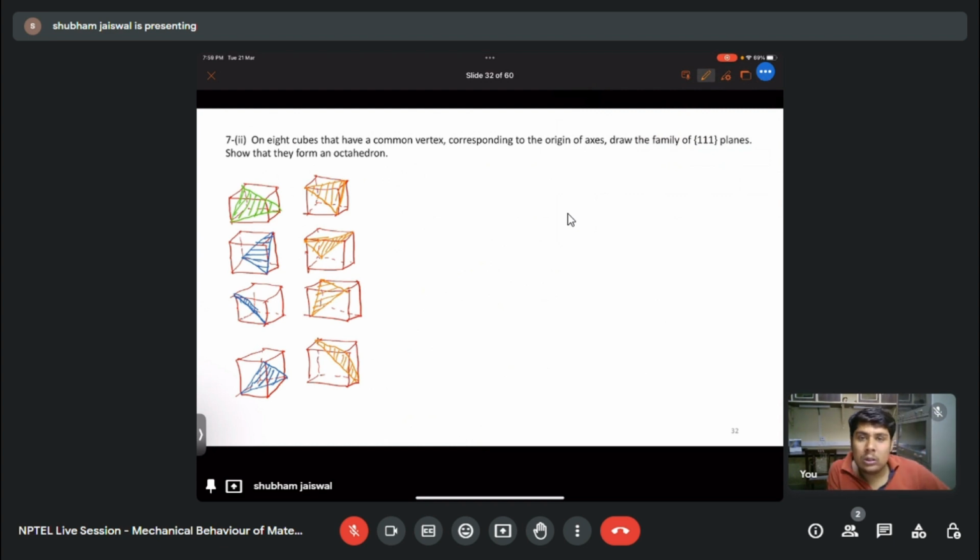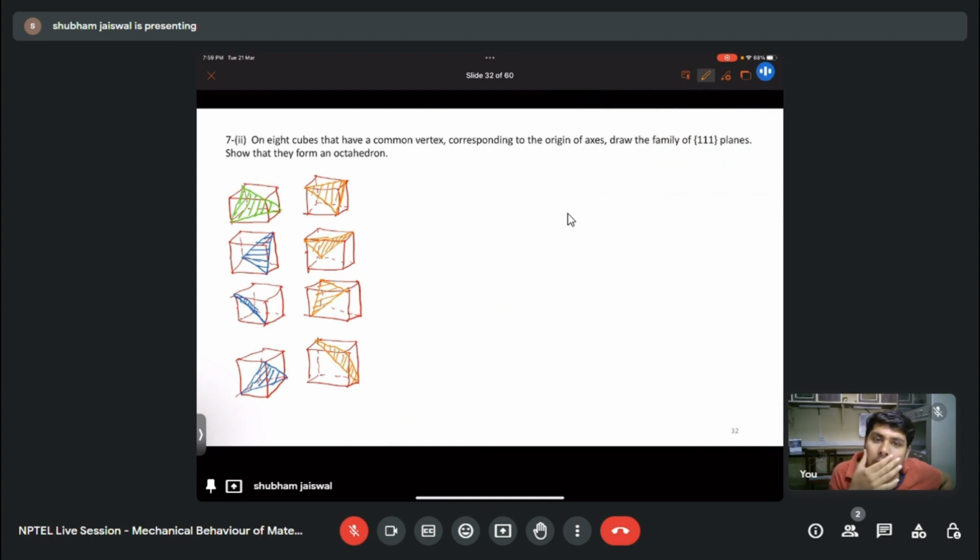Okay, so I have drawn the 8 cubes and I have drawn the 111 plane on that. Now I need to arrange them such that they have a common vertex corresponding to the origin of the axis, and I need to show that they form an octahedron. So now let's try to answer it.